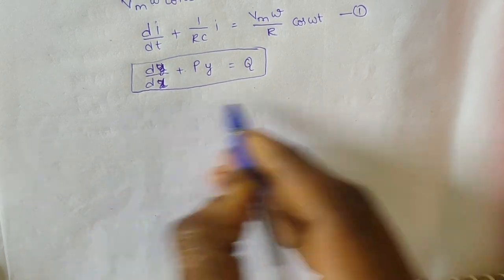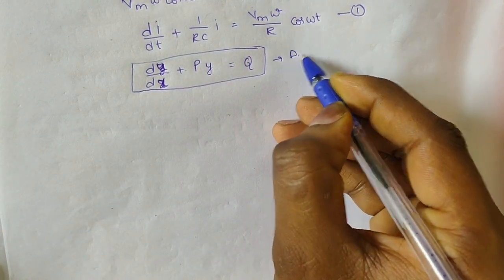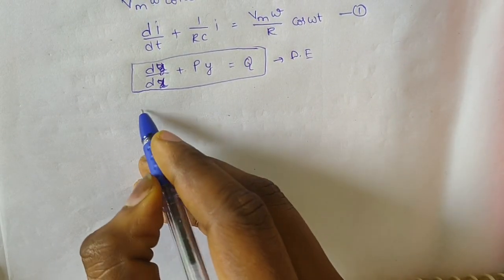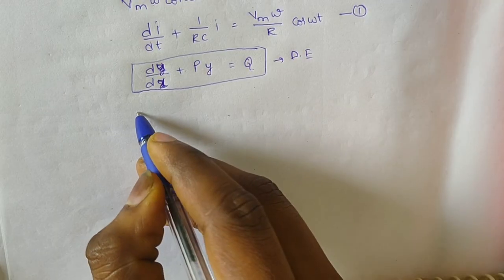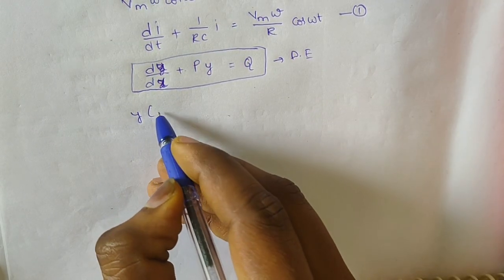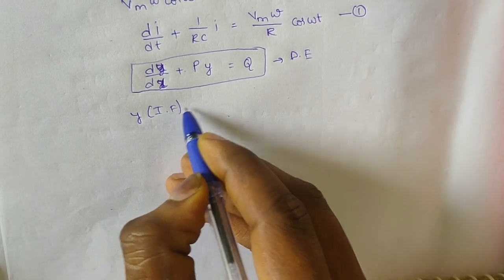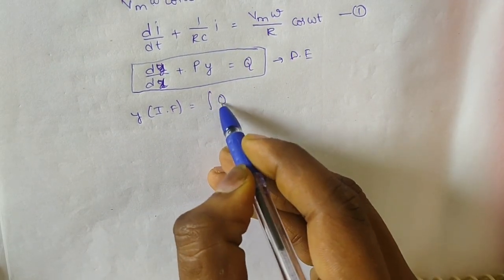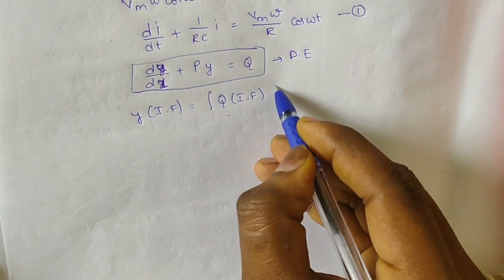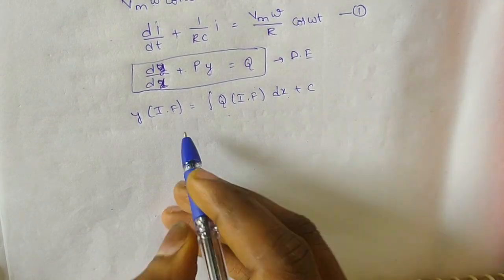For this differential equation, the solution will be y into the integrating factor is equal to integration of Q times the integrating factor dx plus c.